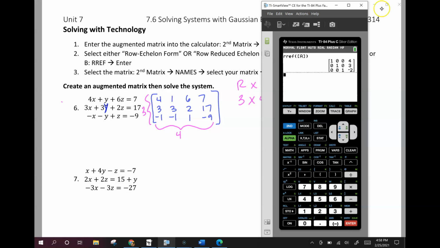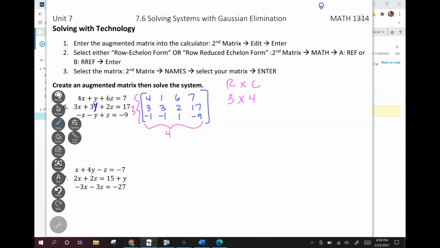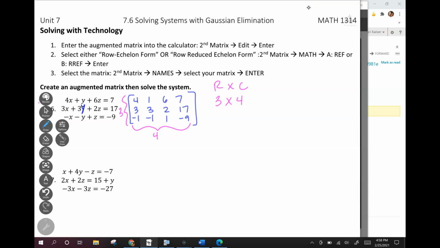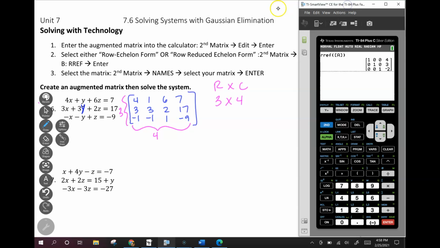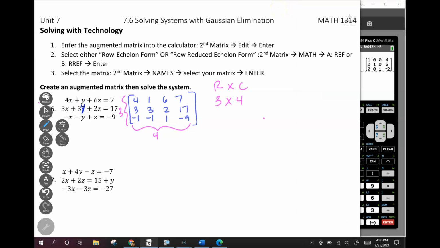Okay, so I'm going to write that down. So my row reduced matrix is 1, 0, 0, 4, 0, 1, 0, 3, 0, 0, 1, negative 2.